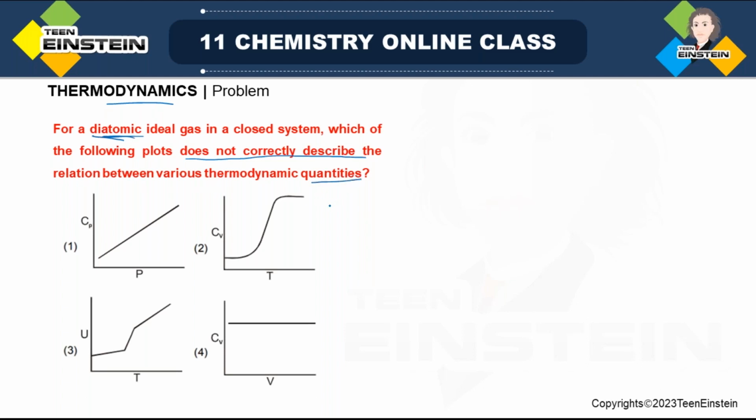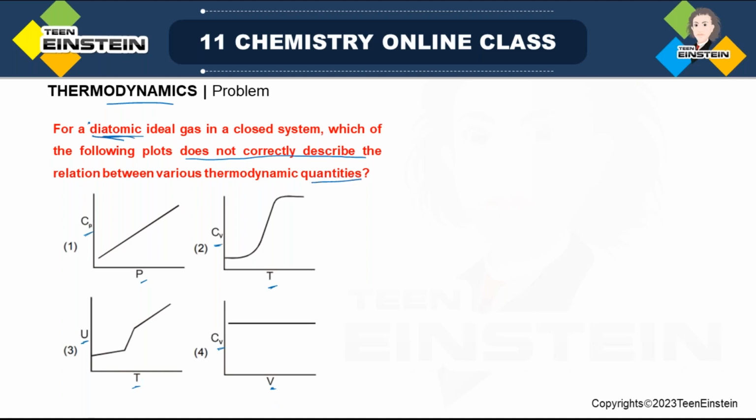So here we have Cp versus P, heat capacity at constant pressure, heat capacity at constant volume on the y-axis, T temperature on the x-axis, then internal energy on the y-axis versus T, and Cv versus V.